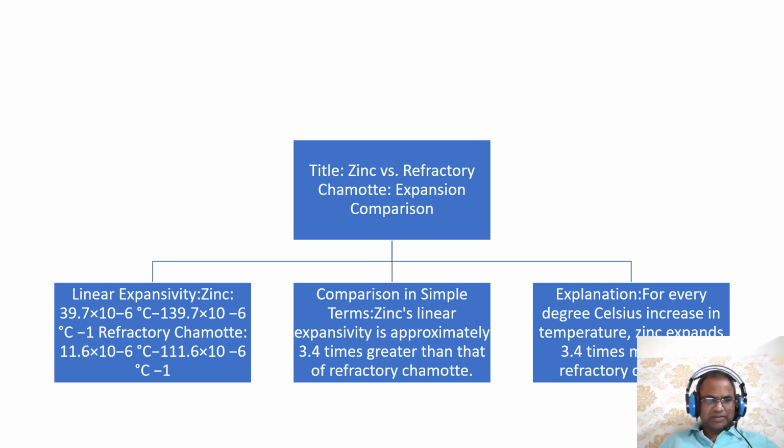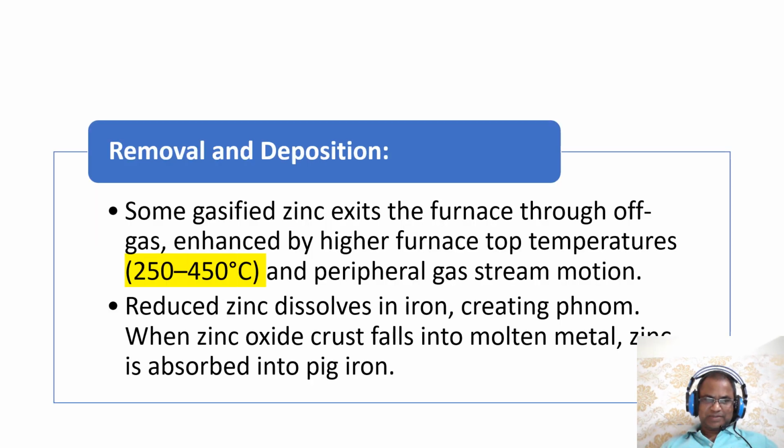In this illustration, it is very clear when observing the linear expansivity of zinc and refractory, and it is concluded that the linear expansion of zinc is almost more than 3 times, and hence this expansion potential creates a huge problem for the refractory.